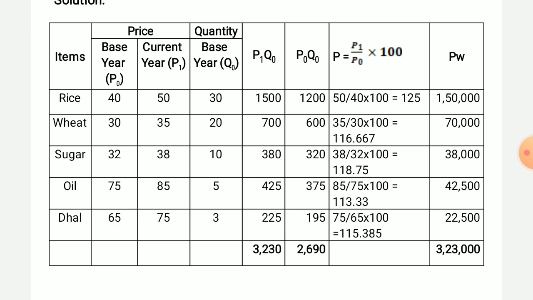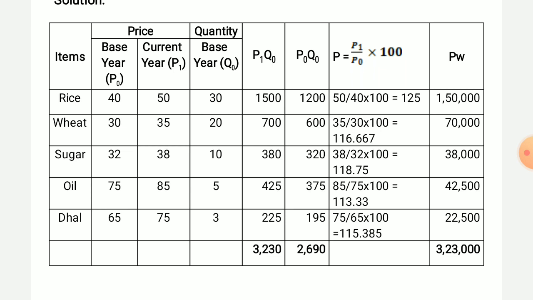Therefore here P is to be calculated. Here P is equal to price relatives. Price relatives can be calculated as P1 by P0 into 100, current year price divided by base year price into 100.